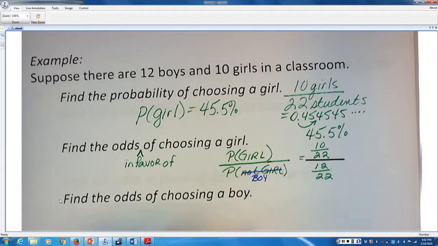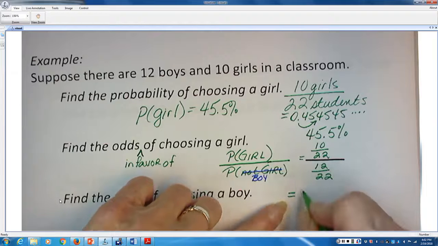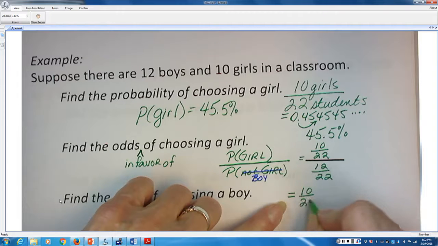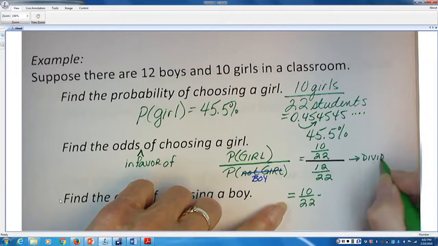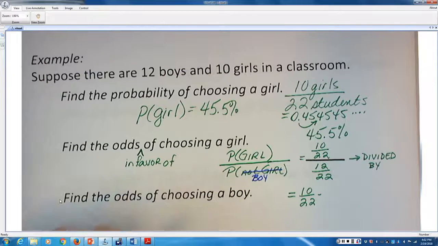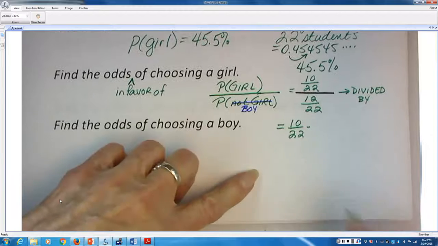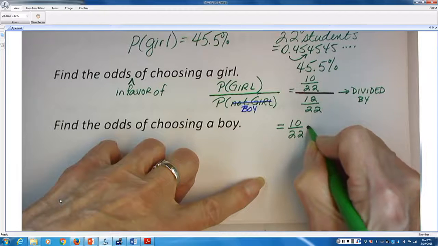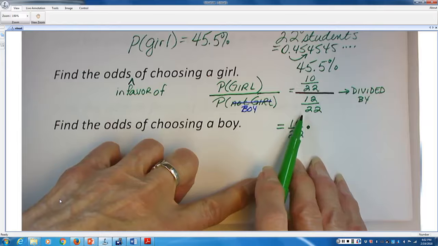So what we're going to do, not to have to deal with that, is rewrite this. It's actually the same as a division. This is divided by. So rather than write that as a fraction that's really a division problem, we're going to change it into a multiplication problem. When you have a fraction divided by a fraction, you flip the second fraction over and you multiply.